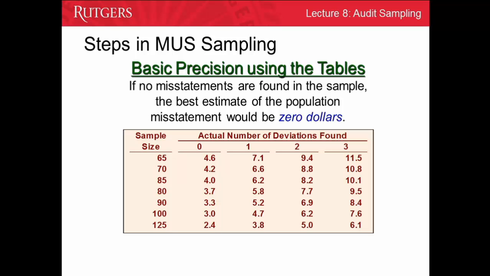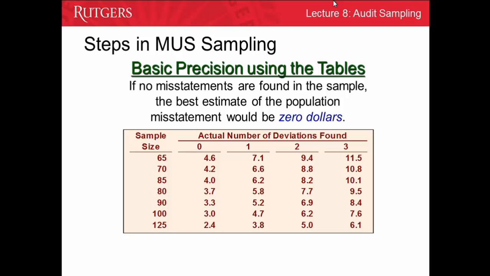For example, if the auditor finds no misstatement in auditing the client's accounts receivable, he or she will calculate the upper misstatement limit by going to locate the upper limit factor associated with no misstatements and the related sample size. In this example, the sample size is 93 and the sampling interval is 26,992.